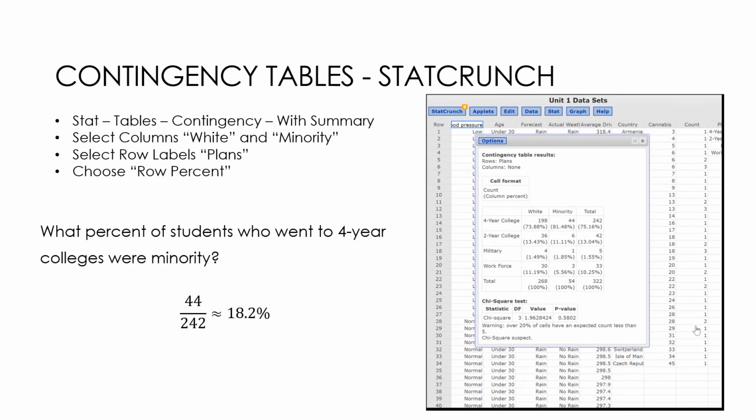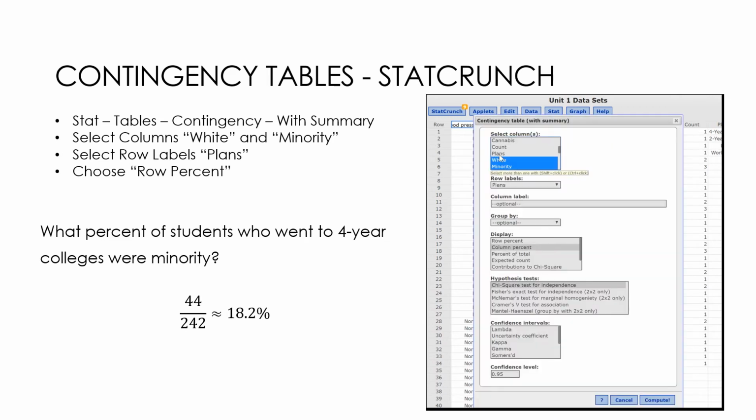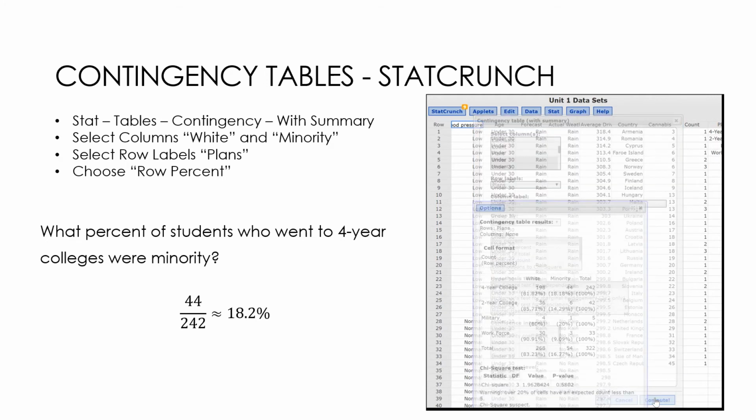For my last question, I'm trying to determine the percent of students who went to a four-year college were a minority. And four-year college is a row, and so what I want is for this to be 100% so I can see the percentage breakdown by race. And so I can go to Options, Edit, and then again, instead of column percent, I'm going to do row percent and click Compute.